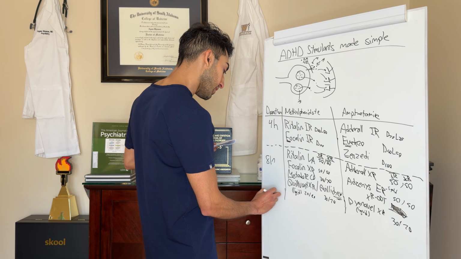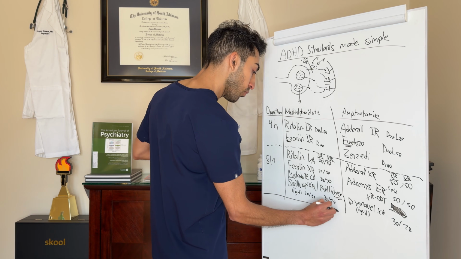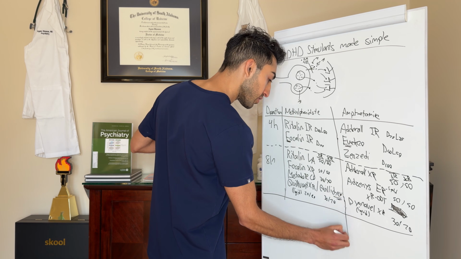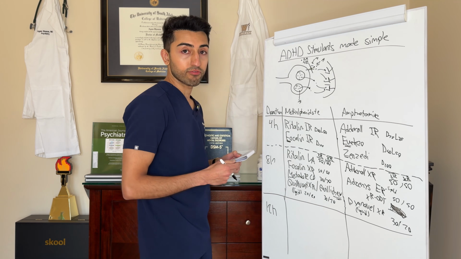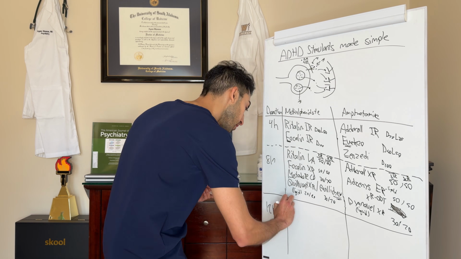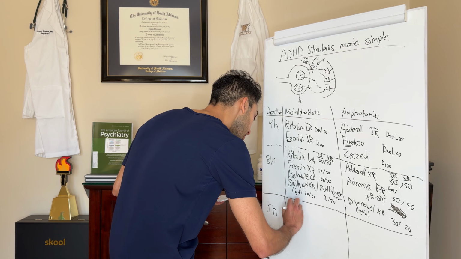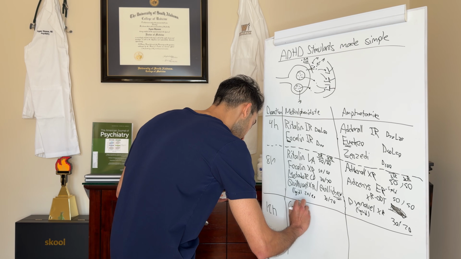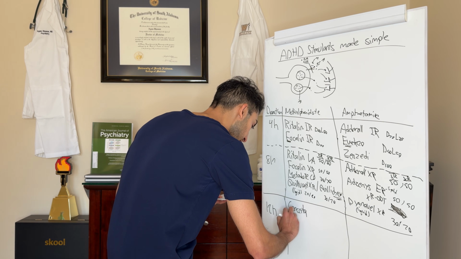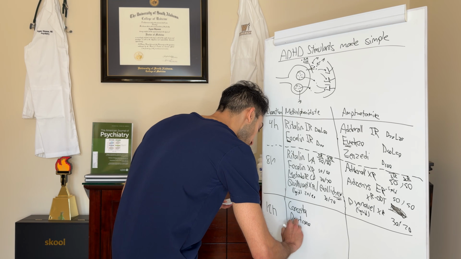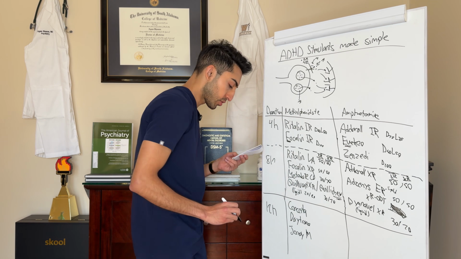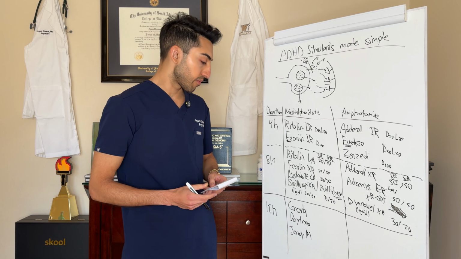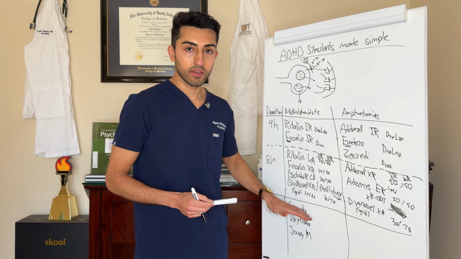Then we get to the next category, which is the 12 hours. For the methylphenidate class, this includes Concerta, Daytrana, and Jornay. So with the Concerta, this is long-acting methylphenidate.